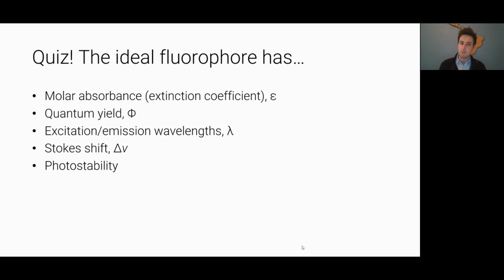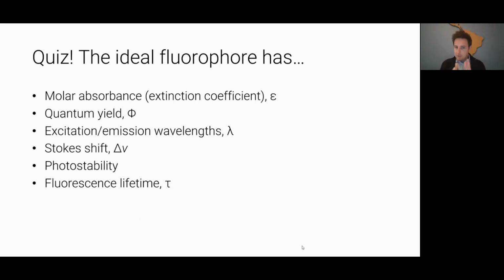Generally, you'd like a fluorophore that is more photostable. This is a bit of a trick. Fluorescence lifetime is something we haven't spoken about yet, but is also very important in fluorescence studies. That's the amount of time the electron stays in the excited state before it comes back to the ground state and releases the energy as light.